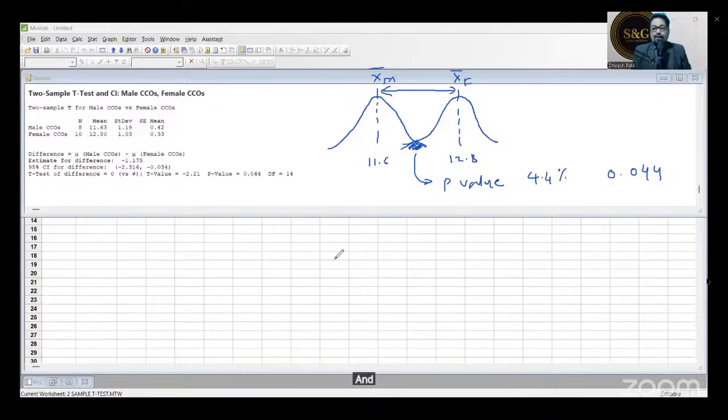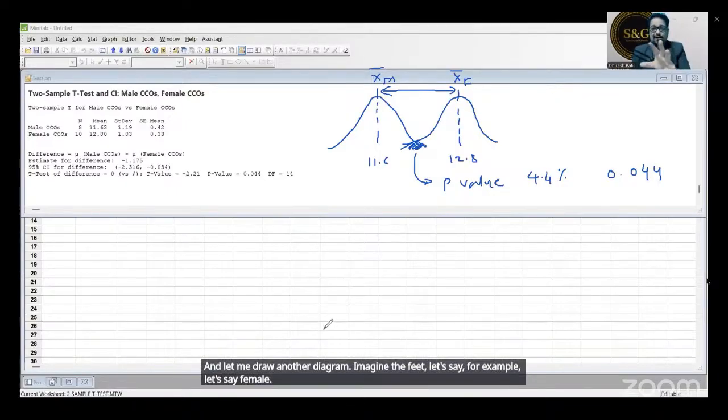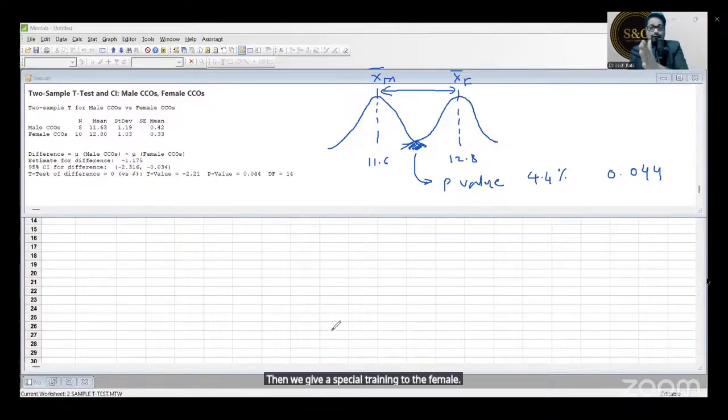And let me draw another diagram. Imagine, for example, we give special training to the female group, and now the female average has also come down to 11.8. Now what will happen? They will shift to the left-hand side, right? Let's say the female average has improved.